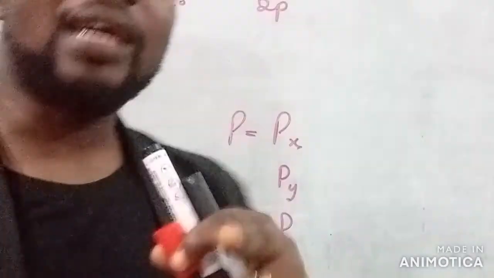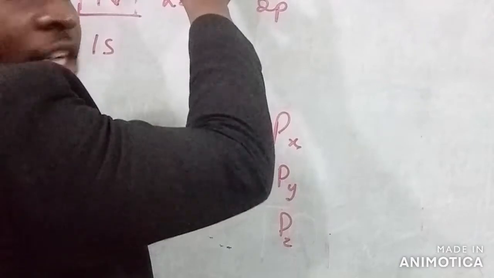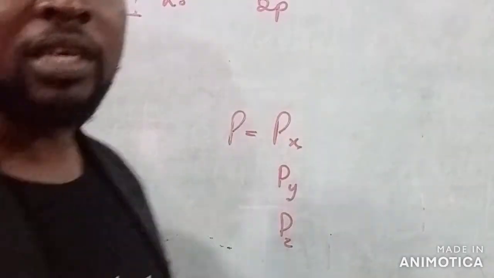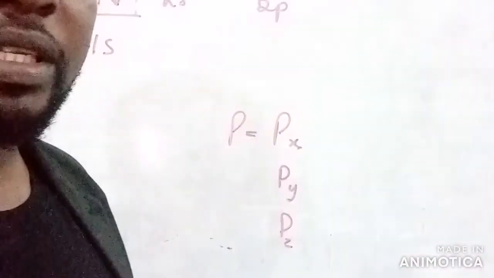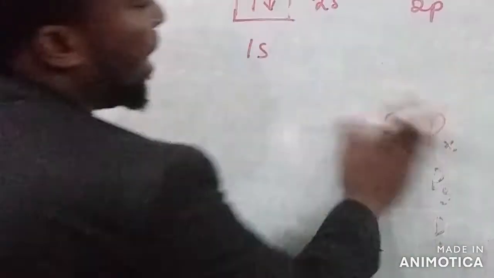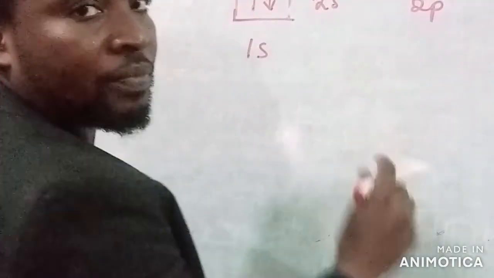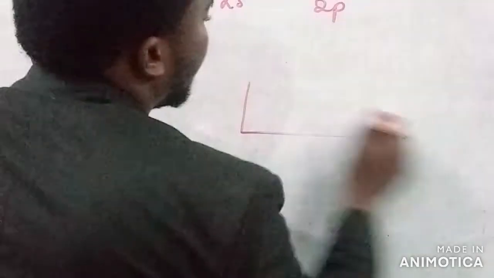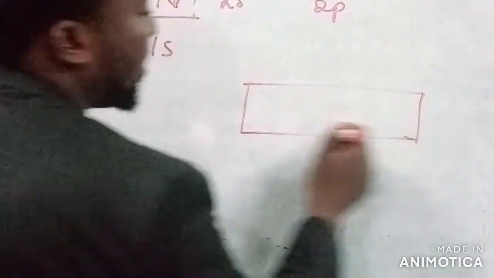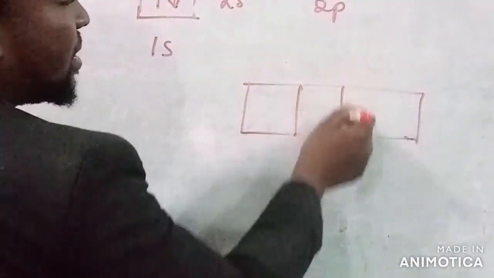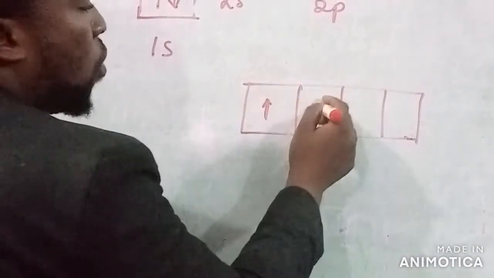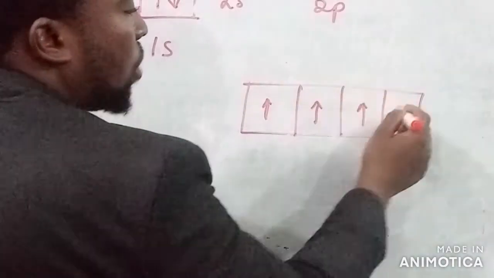But in excited state, one of the 2s electrons here is promoted from this point to occupy the empty pz orbital, so that at the end of the day, the valence shell of carbon will have this configuration at excited state: 1, 1, 1, 1.